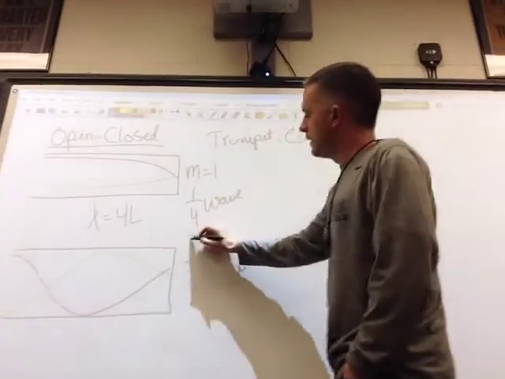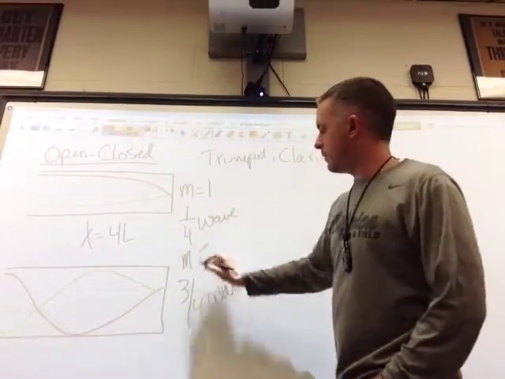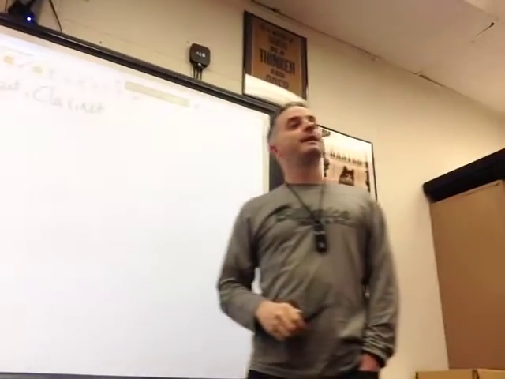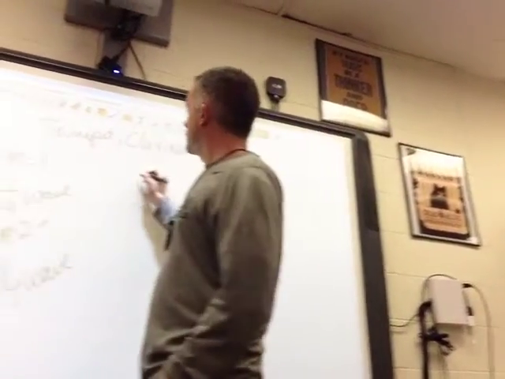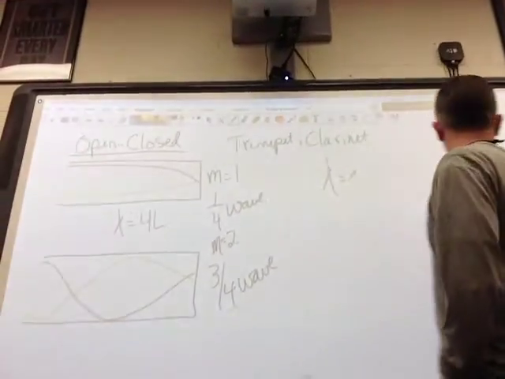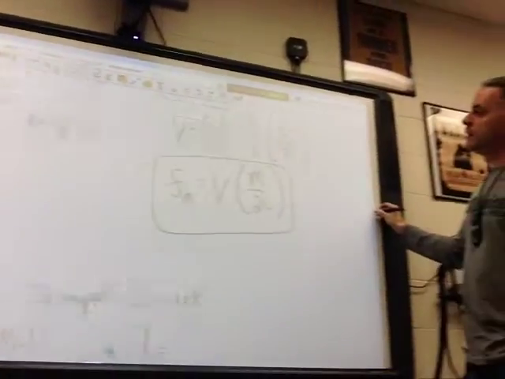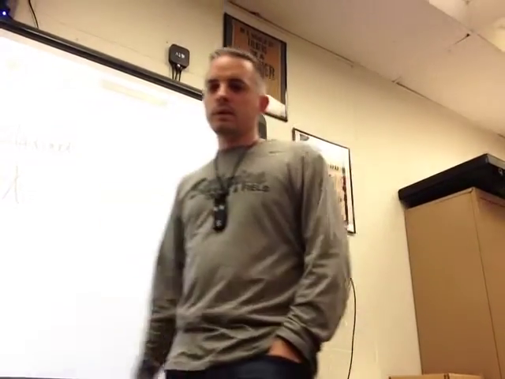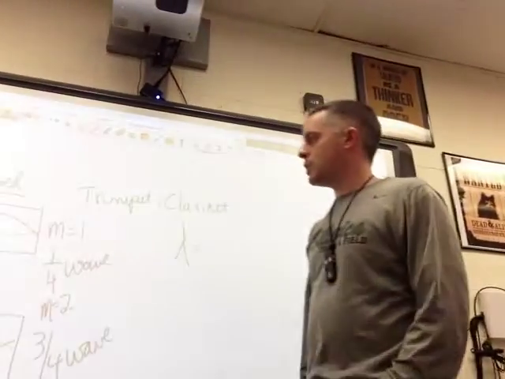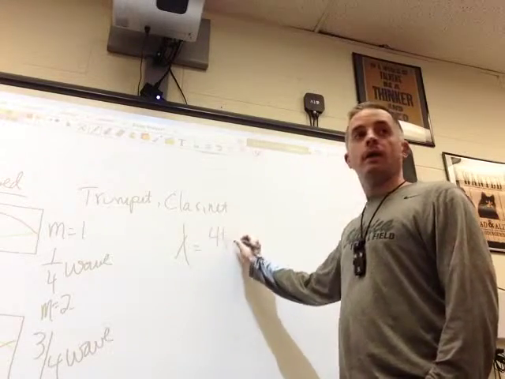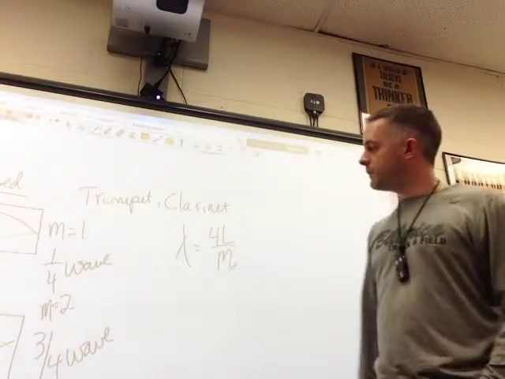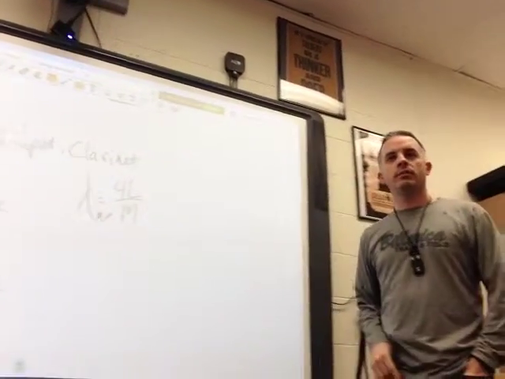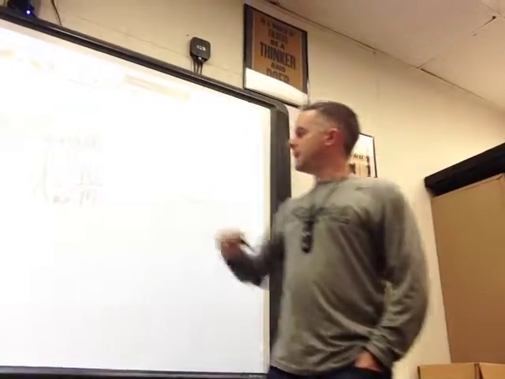I'm not going to call it the second. It's the third one. So, just like we found up here that this is 2L over m, what do you think this one is? 4L over m. So for any wavelength, it's 4L over m.